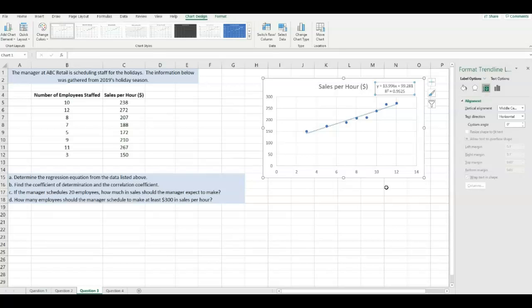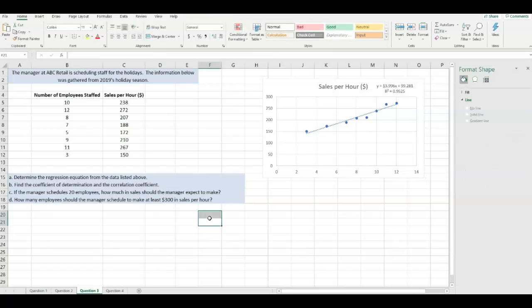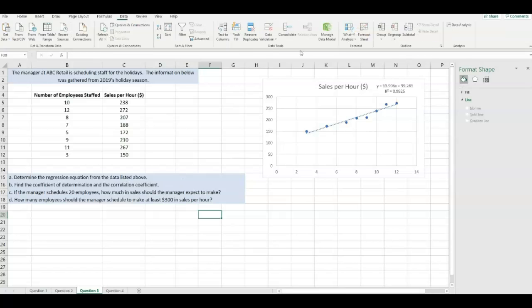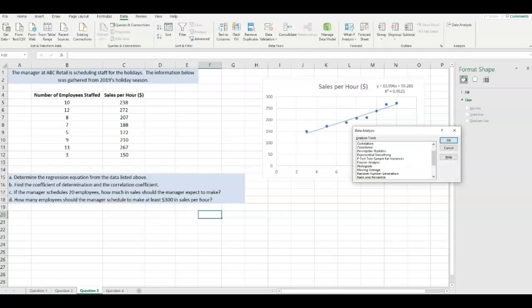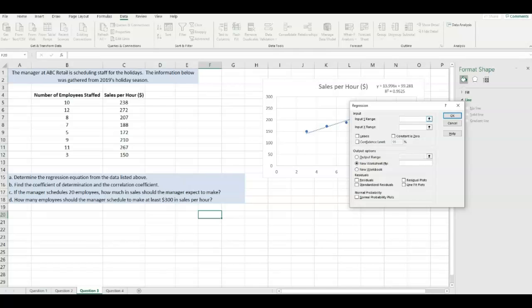So now we need to find the coefficient of determination and the correlation coefficient. The best way to do this is to use our data analysis. So we need our data analysis, and we are going to be using our regression here. So it's going to ask for the y and the x. So the x produces the y, right?